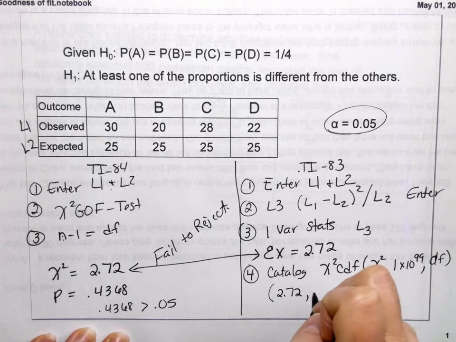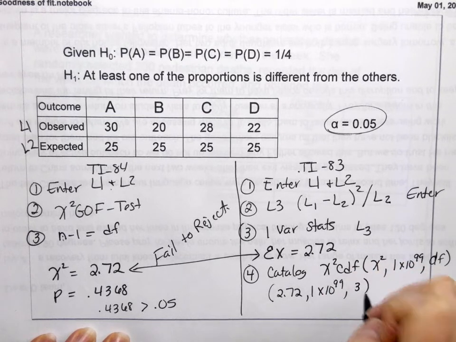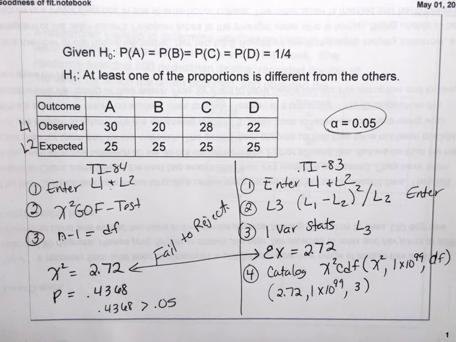In our case, that's going to look like this: 2.72, comma, 1 times 10 to the 99th, comma, 3. Make sure you arrow over so you drop back down, comma, 3.